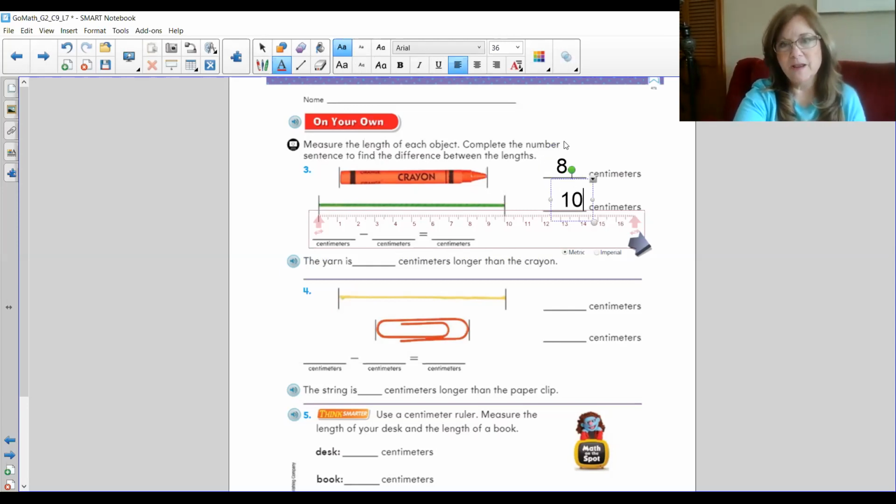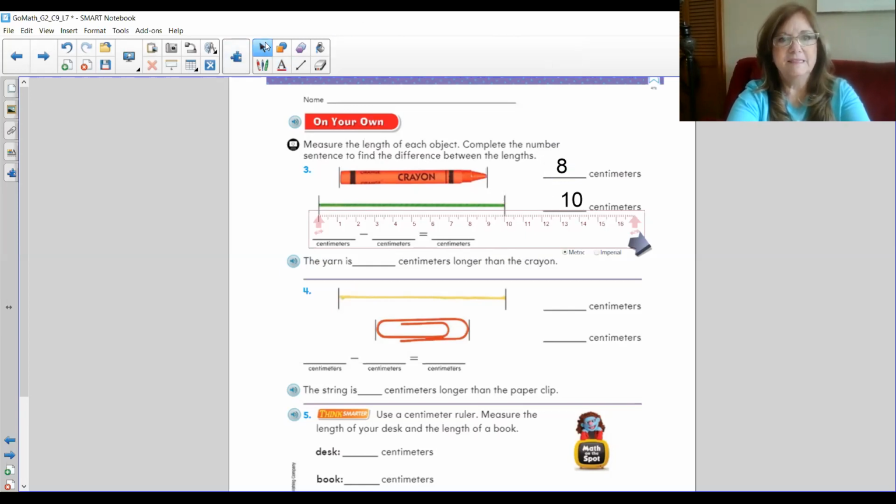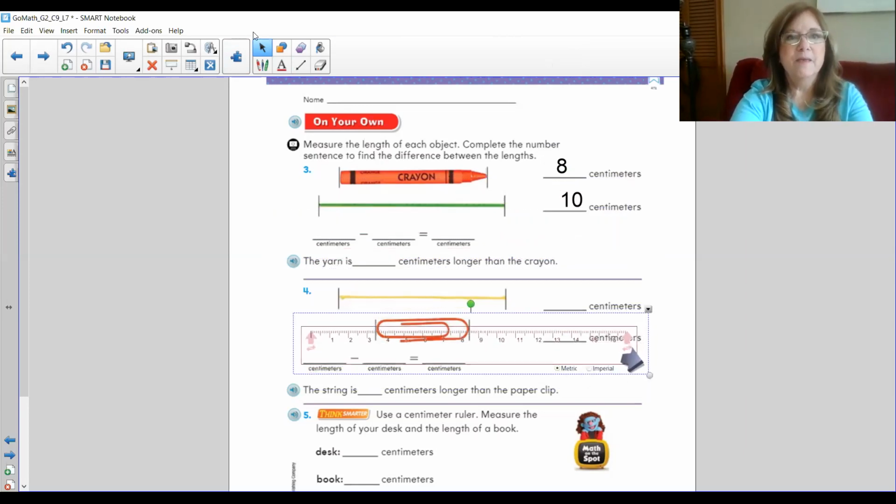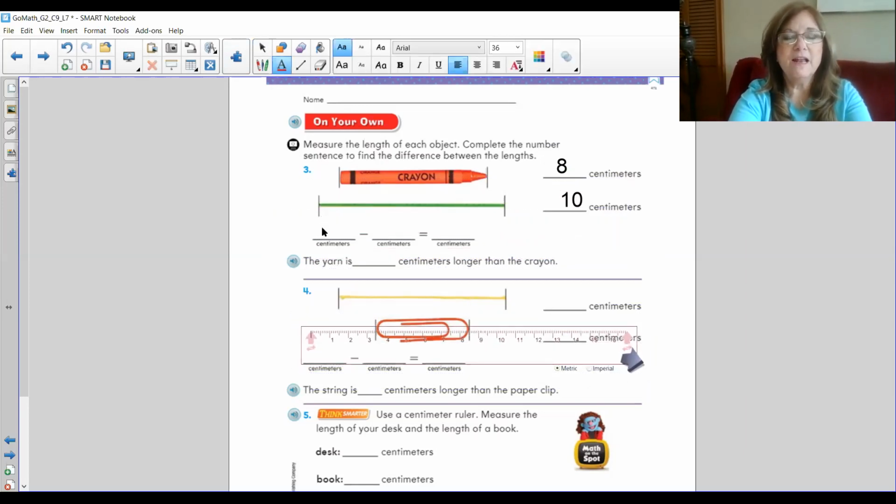So we're going to be comparing 8 and 10. Which one is longer? Yes, the string is longer. So I'll put this down here. So the string is longer, but we want to find out how much longer. So what we want to do is put the largest number first. That's 10. Then we want to subtract the shorter one for the crayon, 8.